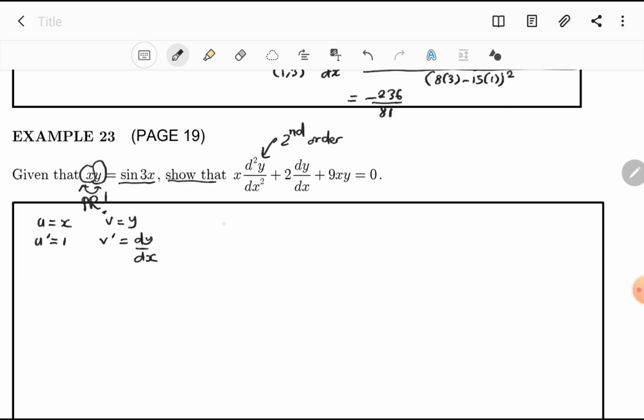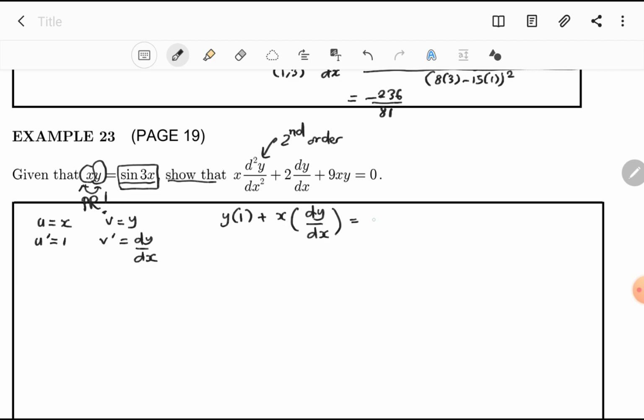So now the derivative becomes y times 1 plus x times dy dx equals the derivative of sine 3x.